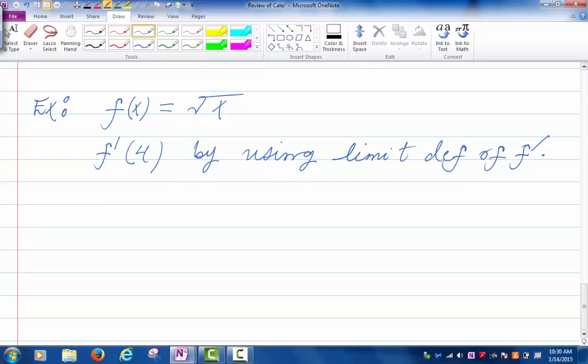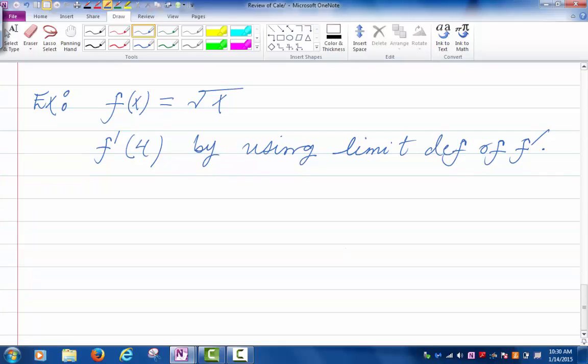It's still important to remember the limit definition of the derivative, okay? You cannot forget about the limit definition. It's not enough just to remember the formulas and be able to apply them, because from time to time we need to know the original limit definition of the derivative. So what is f prime of 4?